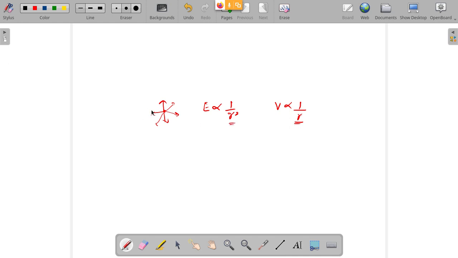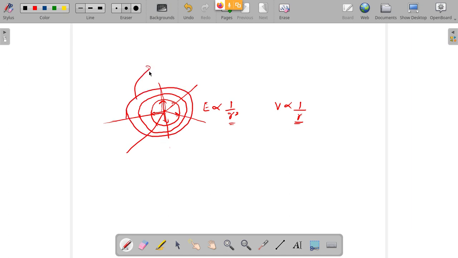Only a spherical surface. So you can enclose the charge with a spherical surface perpendicular to the line of force, because these lines are nothing but electric lines of force. So you can enclose this charge with surfaces at various distances, and each of these surfaces are called equipotential surfaces.